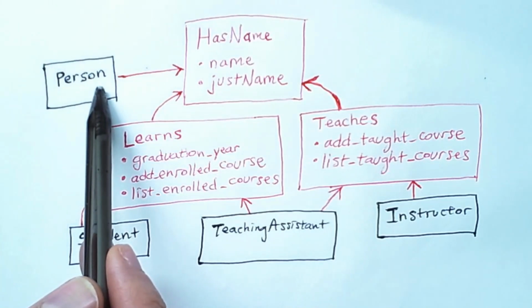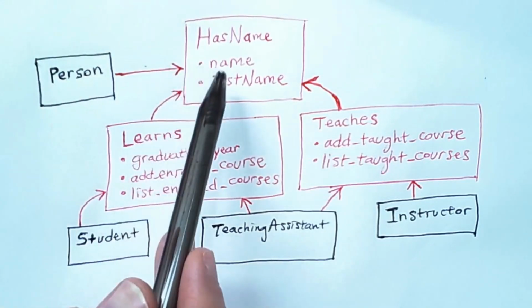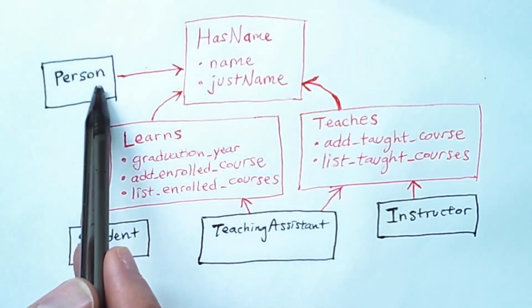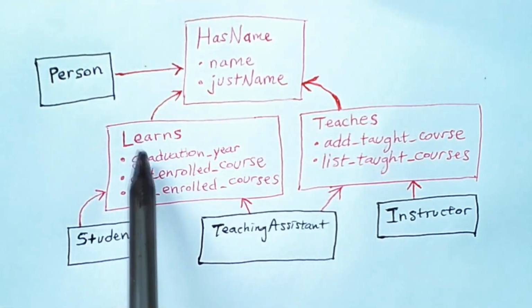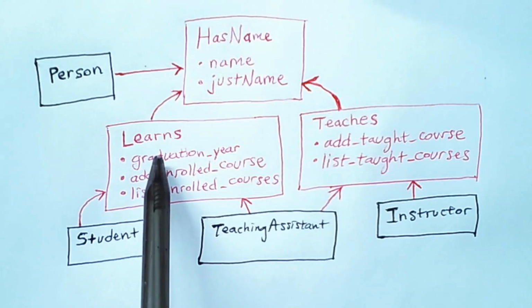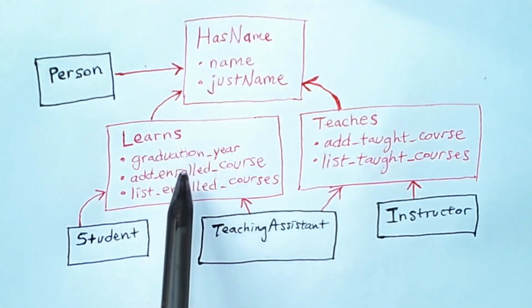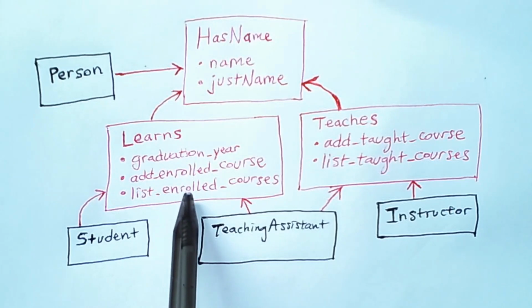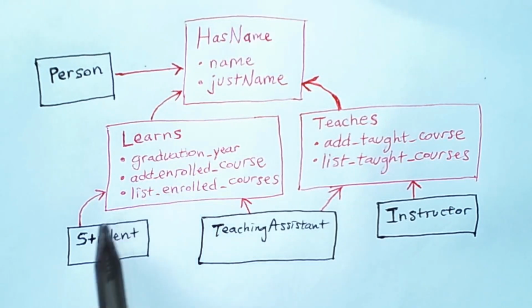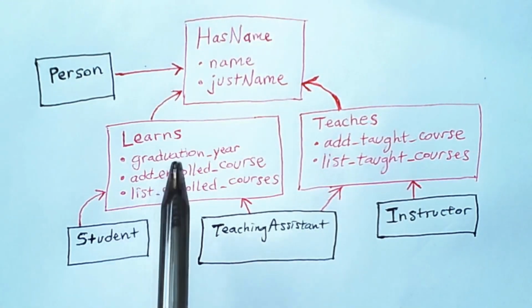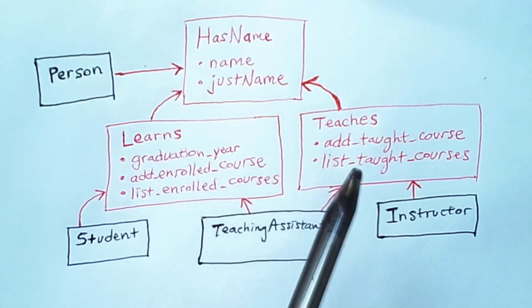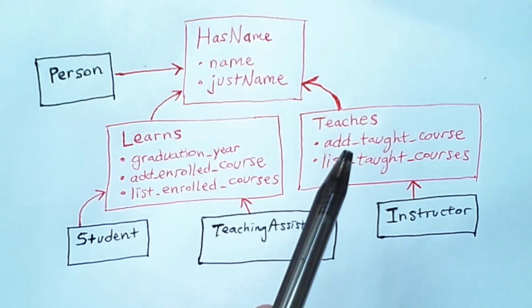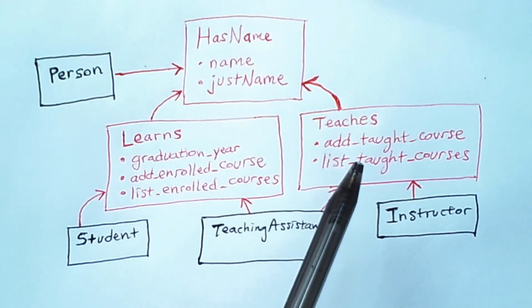Person is a class which has a name. So this allows us to create a person with a name and nothing else. Learns is an entity that has a name, but also has a graduation year and can add enrolled courses as well as list those courses. This is why the Student class includes the Learns module. The Teaches module only has addTaughtCourse and listTaughtCourses.